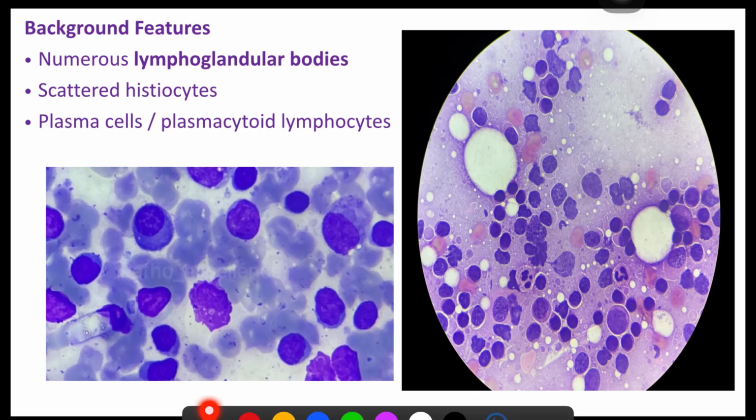Now, background features: always look for lymphoglandular bodies, some scattered histiocytes may be present, and plasma cells or plasmacytoid lymphocytes are present.